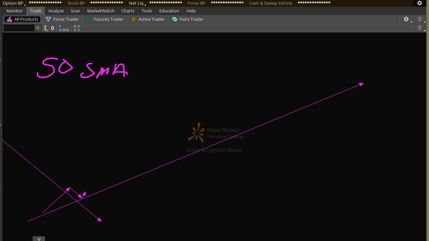The pullback opportunity is really pretty simple. We look for that stock that's trending, and then I look for a couple of patterns within that trend. First being that nice little pullback, where we get a controlled little pullback, we're holding our trend, and we're possibly holding a support level in the chart. If I can get a support level and the trend to coincide, I have a better, stronger trade.